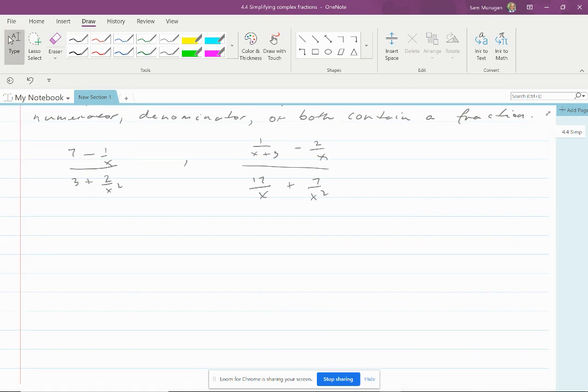To simplify, we're using a method called clearing the fractions.